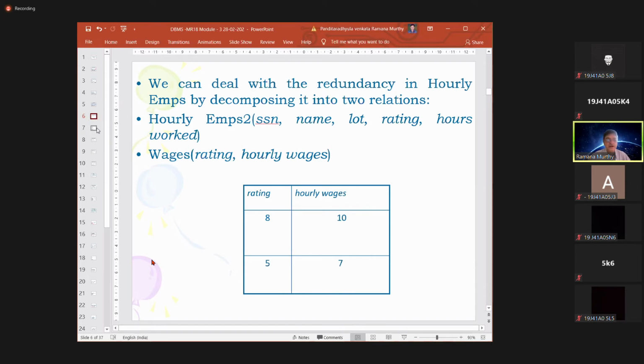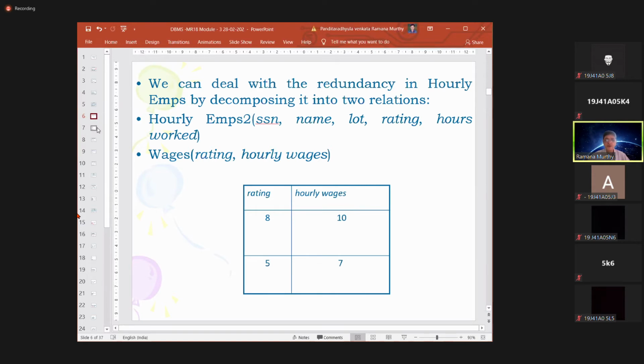What redundancy are we reducing? Hourly wages. For a given rating, the hourly wage is always the same, irrespective of the employee. Otherwise we need to repeat this information in the same table.